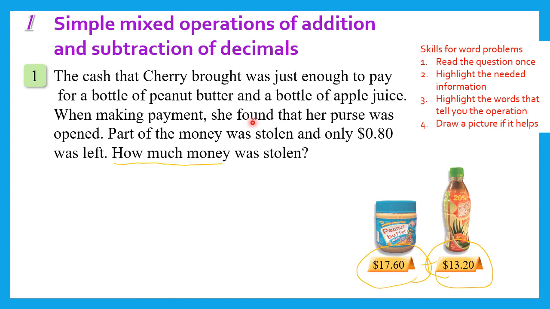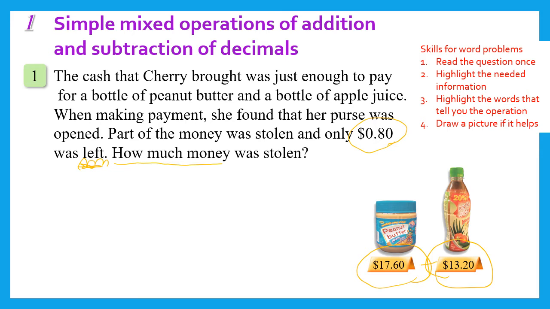And then when making the payment, she found that part of the money was stolen and she only has this number left. Alright, there's a keyword: left. So after she wants to pay, she found that she only has $0.8 left. So what she has to do is find out how much money was stolen by others.